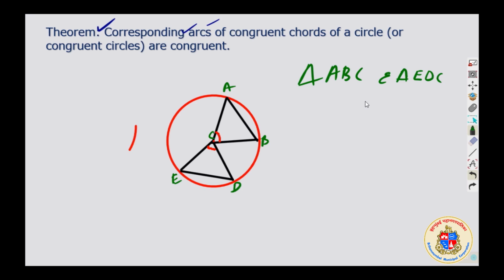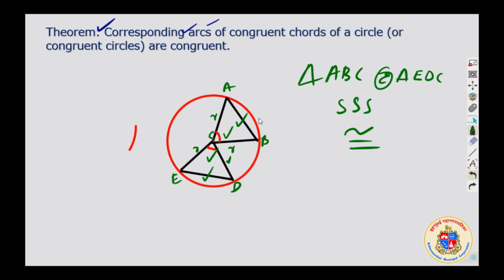If I consider these two triangles for testing congruency, we know that these are radii, पहले की जैसा. So two sides are already congruent and the chord is drawn congruent, construction says. So by SSS test, I can prove these two triangles are congruent. Once the triangles are proved congruent, I can easily say that these two angles are congruent.